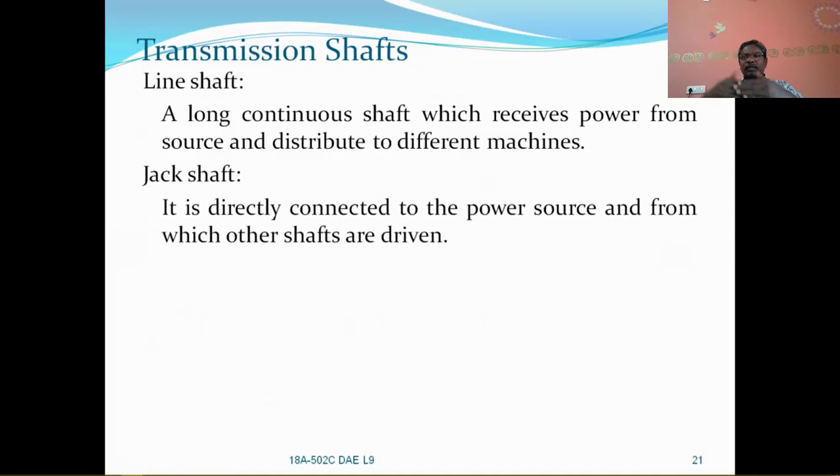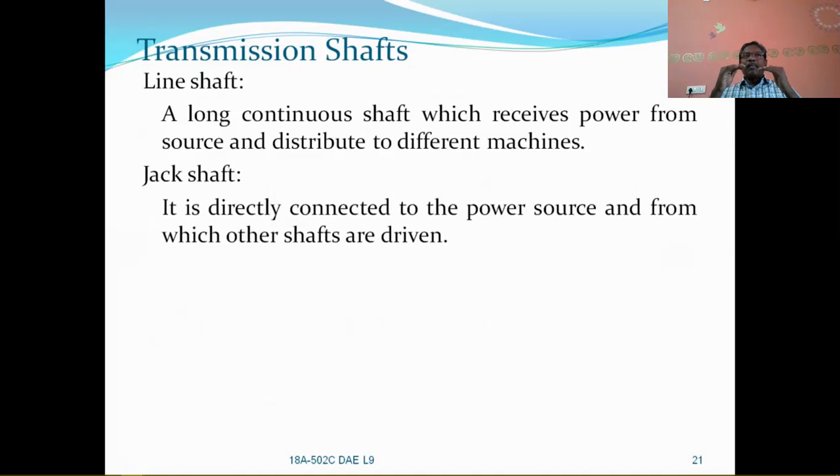As in the previous village example with the flour mill and rice mill, whichever shaft is connected to the electric motor or the IC engine, we can consider as the jack shaft. The shaft connected to the power source, say the electric motor, is called the jack shaft.